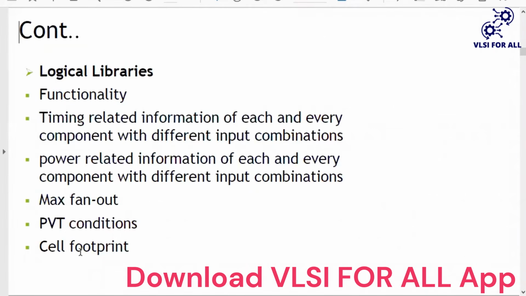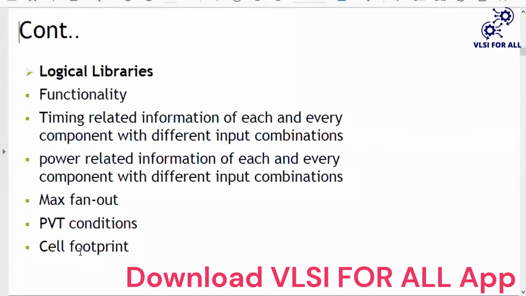Second one is the power related information for each cell. It will include your design's combinational as well as sequential cells. All the combinations of power, how much is required, that power info will be available.